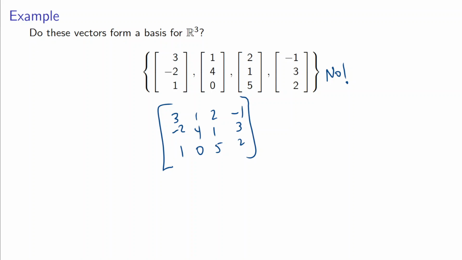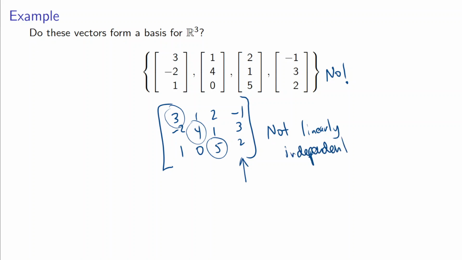And that is exactly what turns out to happen. If you were to row reduce this, you would find that these are our 3 pivot positions. This 4th column does not contain a pivot, and so these are not linearly independent, even though they would span all of R^3. Not linearly independent, and so they do not form a basis for R^3.